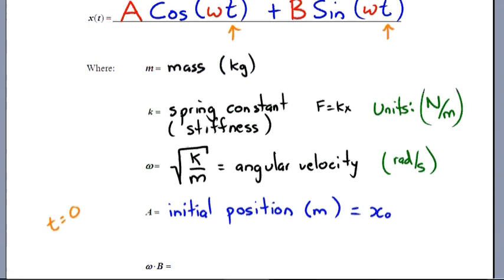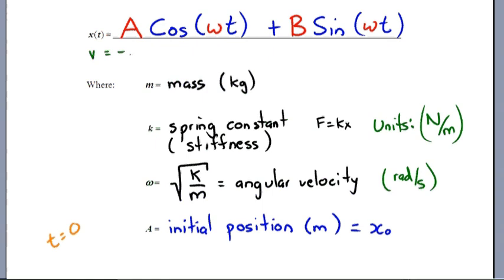So let's imagine looking at not this equation for x, but right underneath it, I'm going to scribble in the velocity equation. Velocity would be a derivative. So an omega would show up. I would have minus omega times A, and then sine of omega t, plus omega times B, and then a cosine of omega t.